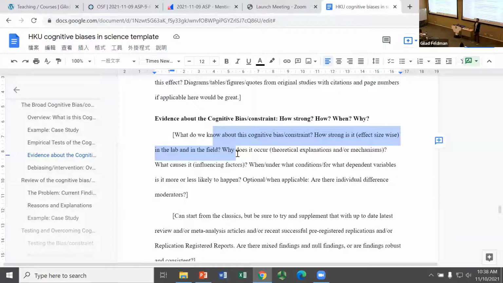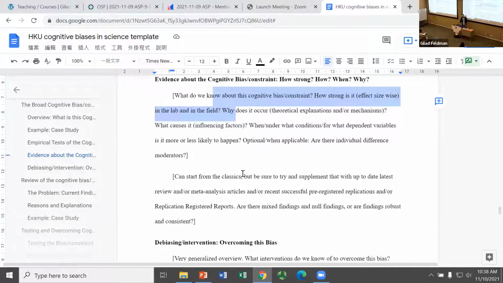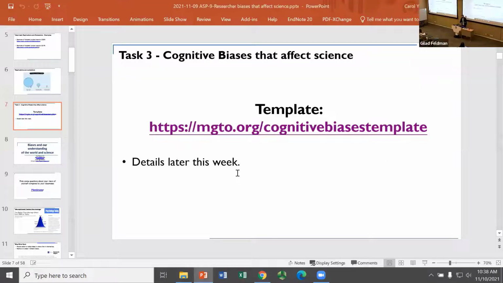We don't apply what we advise to others about how we should do things to protect how we do research, which is very important. I'll give you a bunch of examples for that. You can follow the link and we'll have some more details later this week.